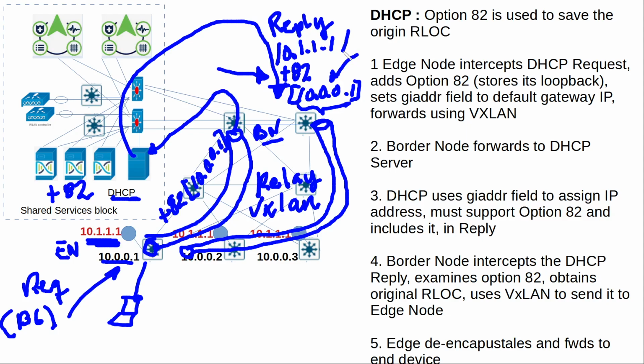It will not use the original destination IP address. So it will send this VXLAN packet to destination IP address 10.0.0.1, which is the IP address of this edge node. So this edge node will receive this reply. It will de-encapsulate it, and it will send it to the device, so the device will acquire an IP address. That's it.